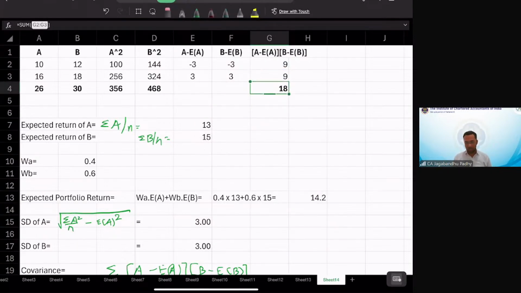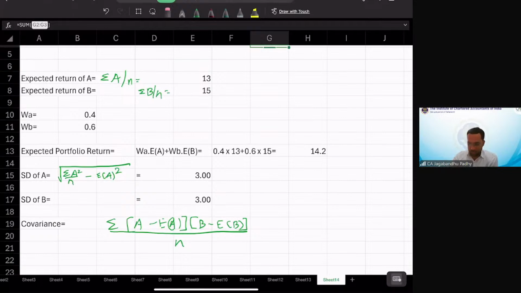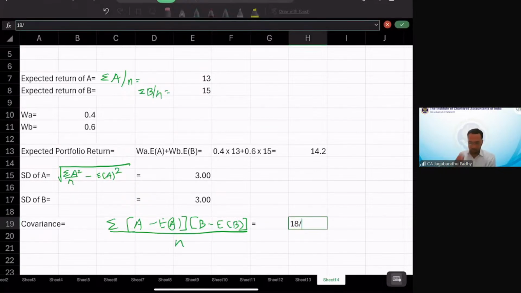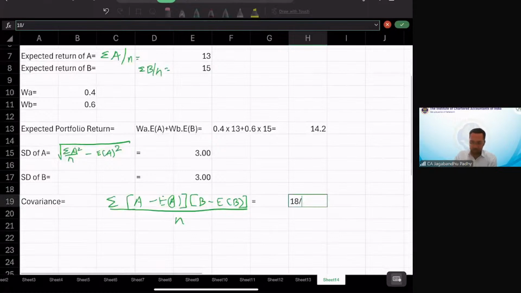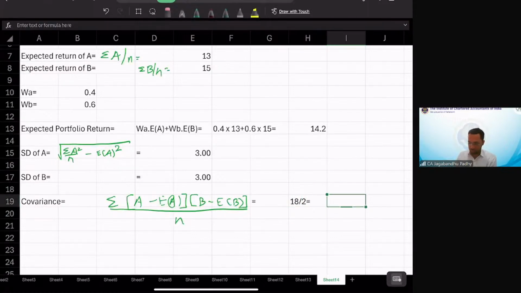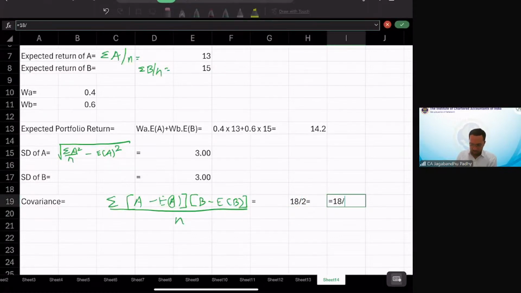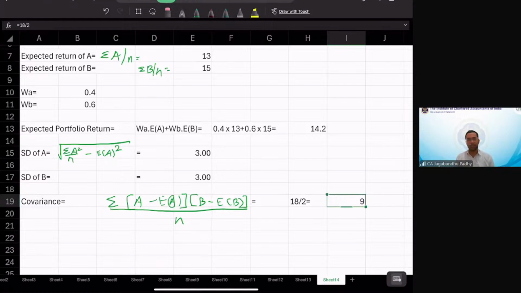So this is 18. When you want to calculate the covariance, this will be 18 divided by the number of terms. The number of terms are 2. So this will be 18 divided by 2, which is 9. Okay, so covariance is computed as 9.